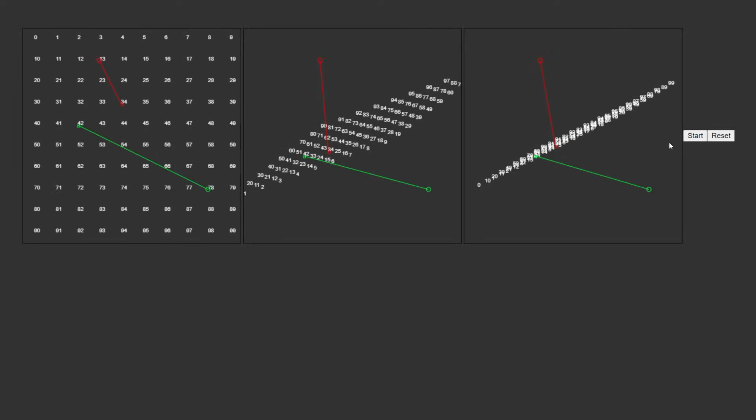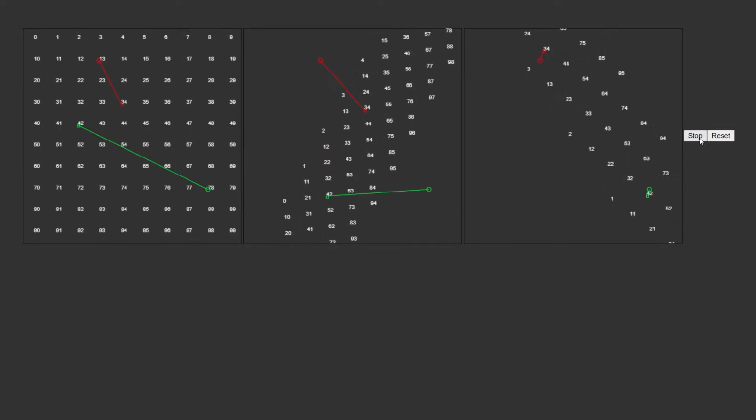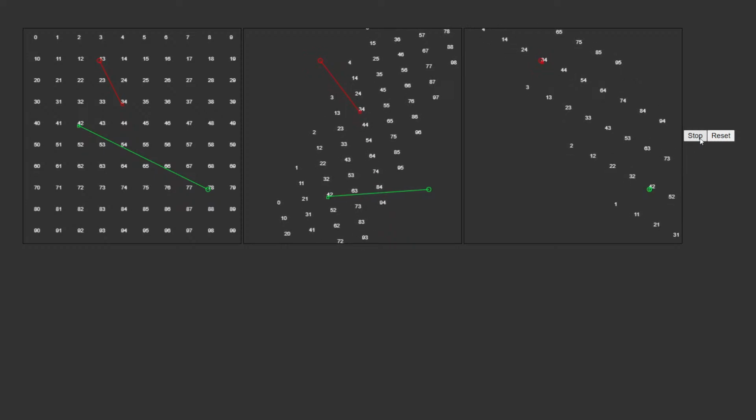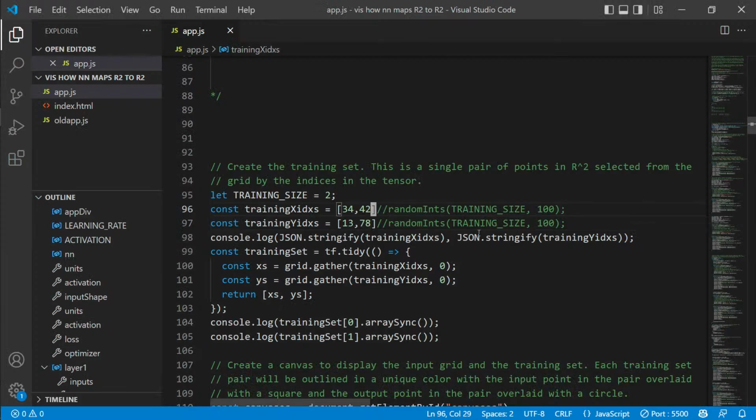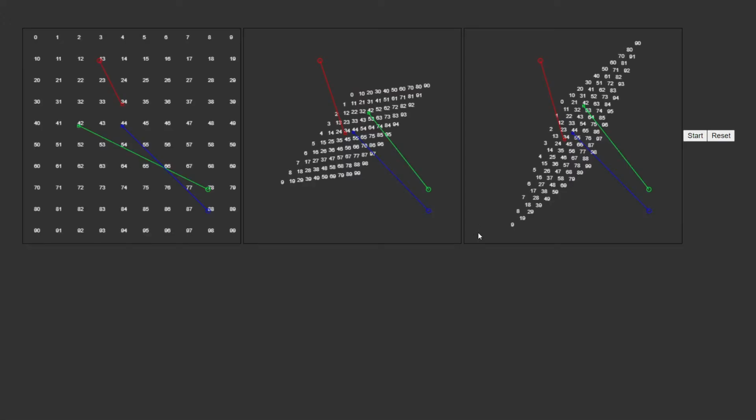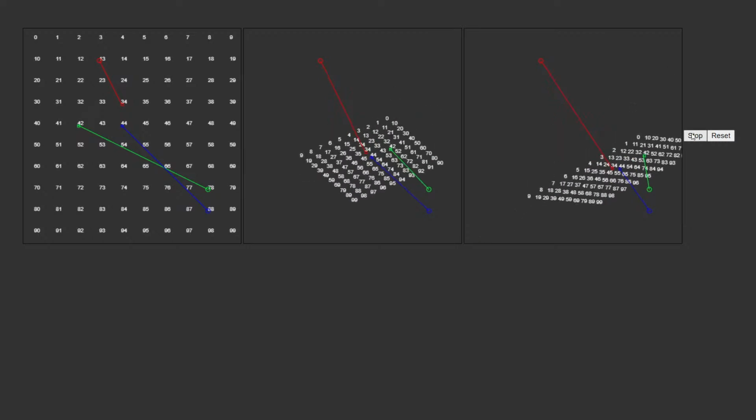Okay, I can fit that easily. It seems like there's no way that 44 could go to 88. I have absolutely no basis for that, but oh yeah, that's going to be easily fittable.